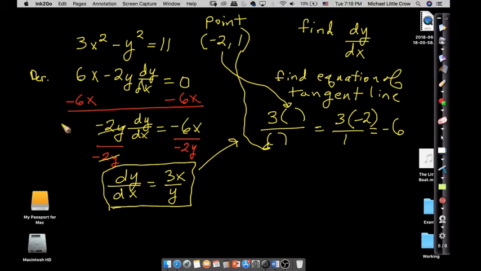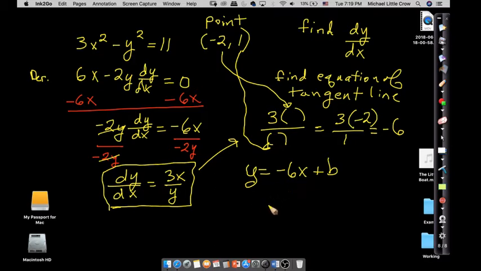Okay, so for the equation of our line, remembering from algebra, y equals mx plus b, y equals negative 6x plus some y-intercept, right? How do we find out what that y-intercept is? Plug in x and y. Because then we'll have an equation that has one unknown, so we use the same x and the same y because it's going through that point. This line goes through that point.